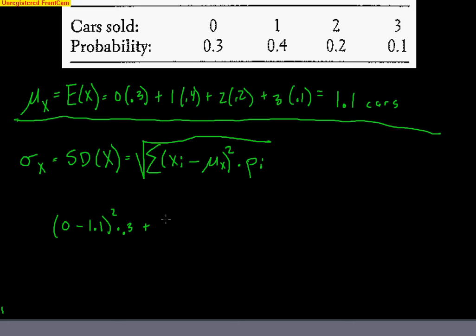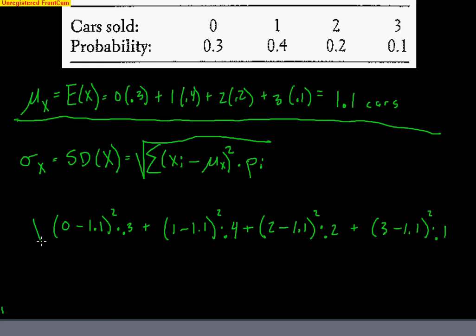Then I'm going to do this again: 1 minus 1.1 squared times its probability of 0.4, plus 2 minus the mean of 1.1 squared times its probability of 0.2, plus the last one, 3 minus 1.1 squared times its probability of 0.1. And I'm going to add all those up, and after I'm done adding all those up, I'm going to draw a giant, sorry for how bad it is, a giant square root around all of that.